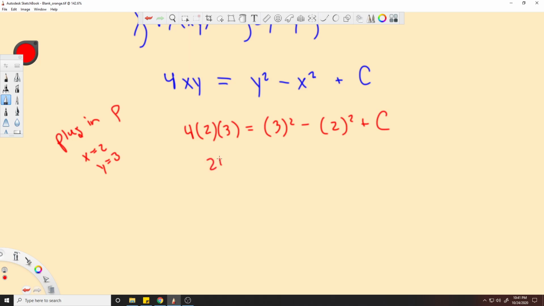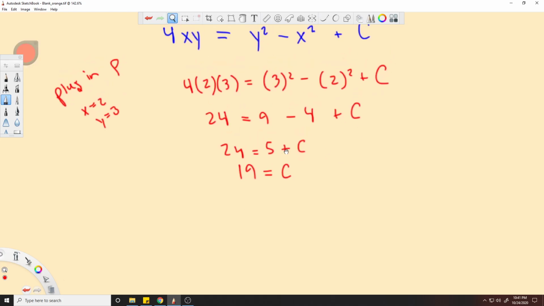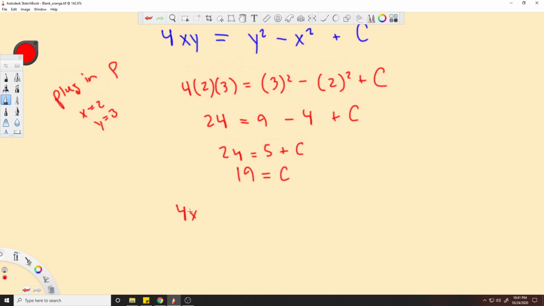This would be 24 equals 9 minus 4, that's a 5, so 24 equals 5 plus C, and that would be 19 equals C. So then you plug in your C value, because now we know what it is. That's it, there you go. That's your answer.